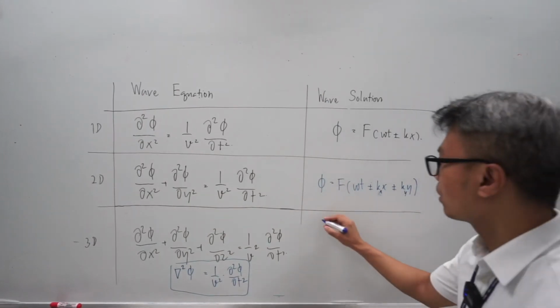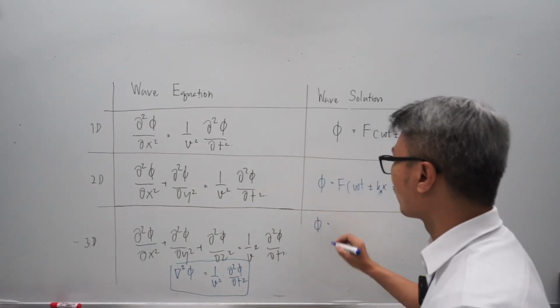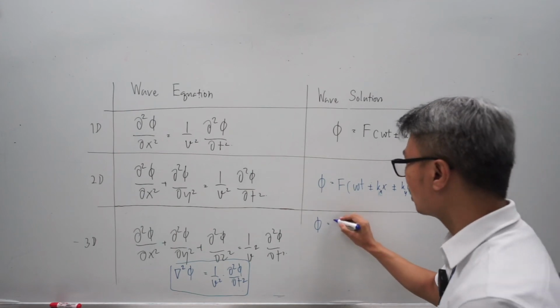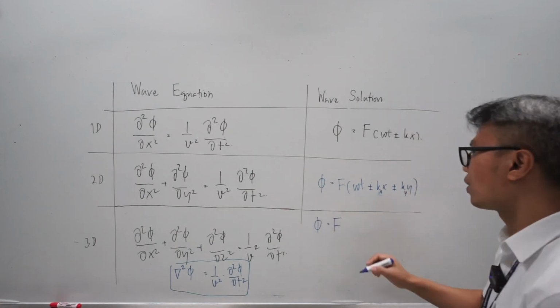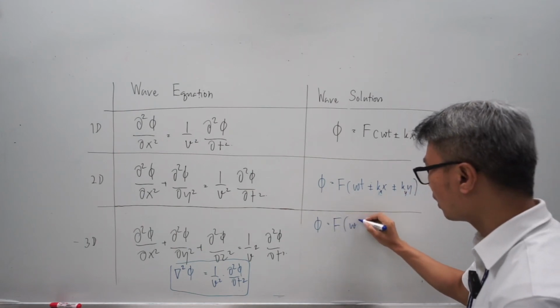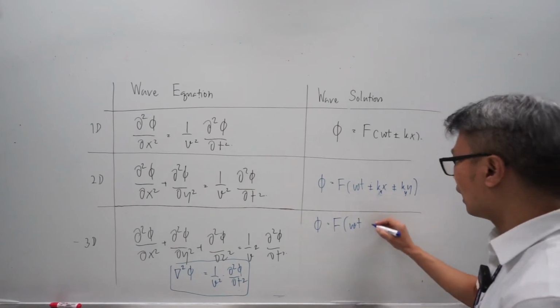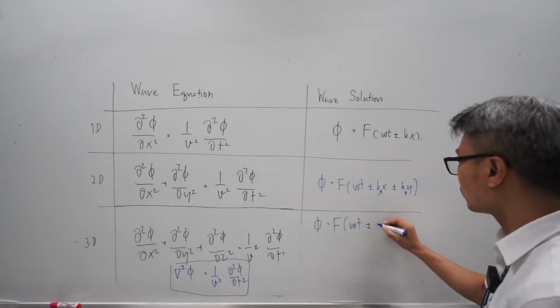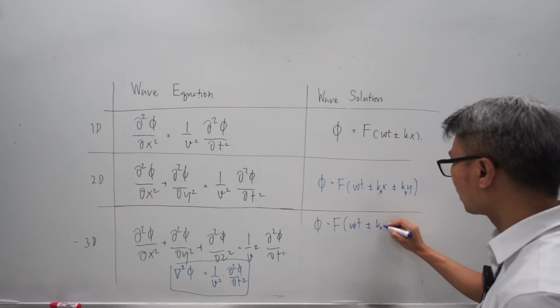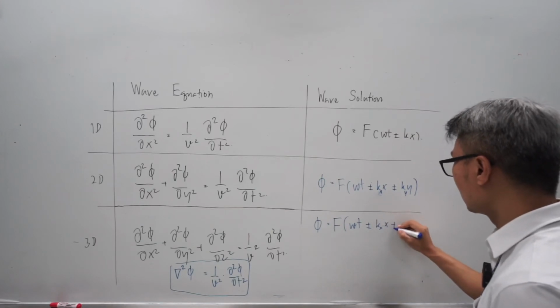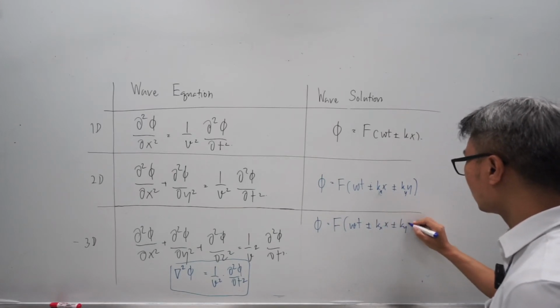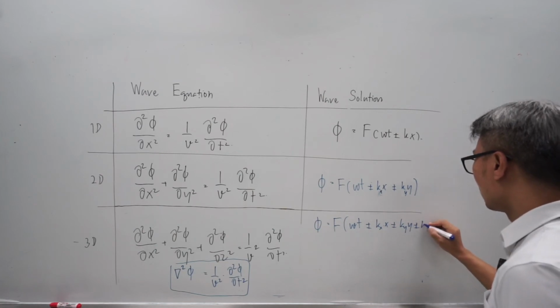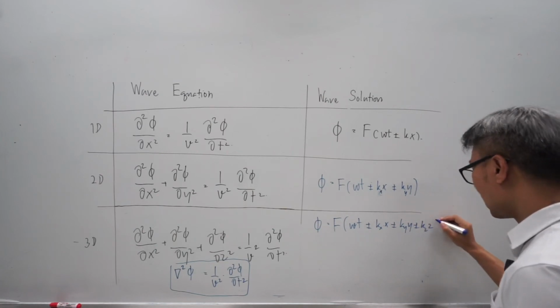And also, the wave solution in 3 dimensions can be written as any function f that contains the omega t term and also the wave number along the x direction, the wave number along the y direction, and the wave number along the z direction.